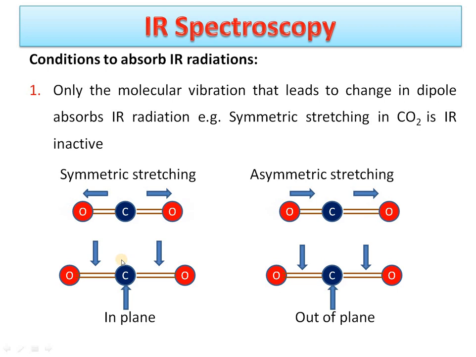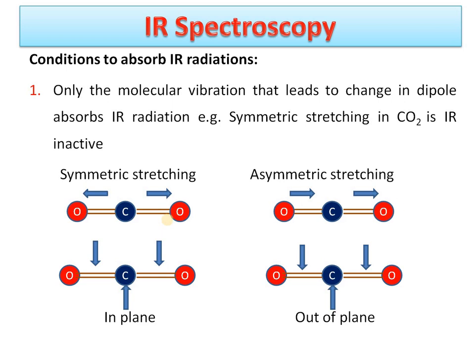Here bending in plane and bending out of plane will also change the dipole during the vibrations, and hence the symmetric stretching in case of carbon dioxide molecule is IR inactive in nature.